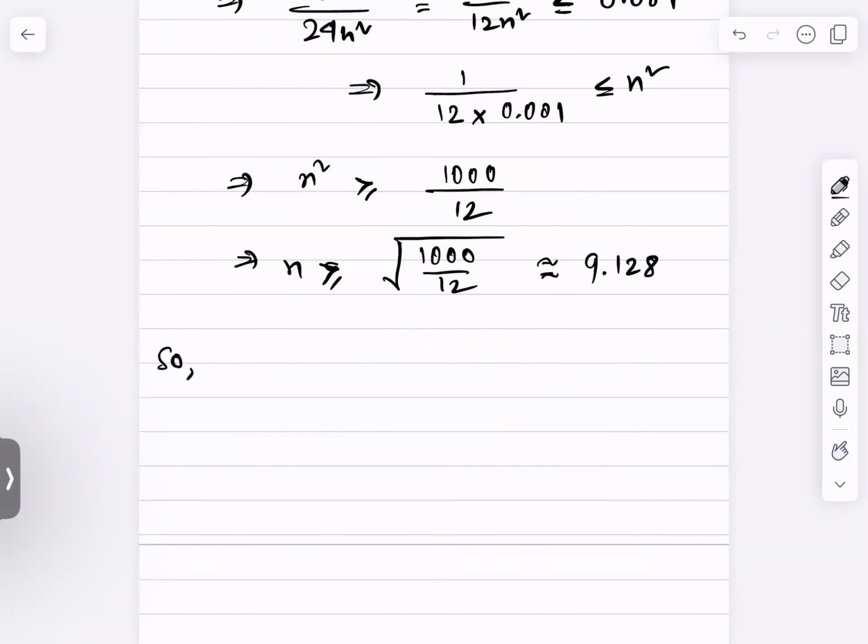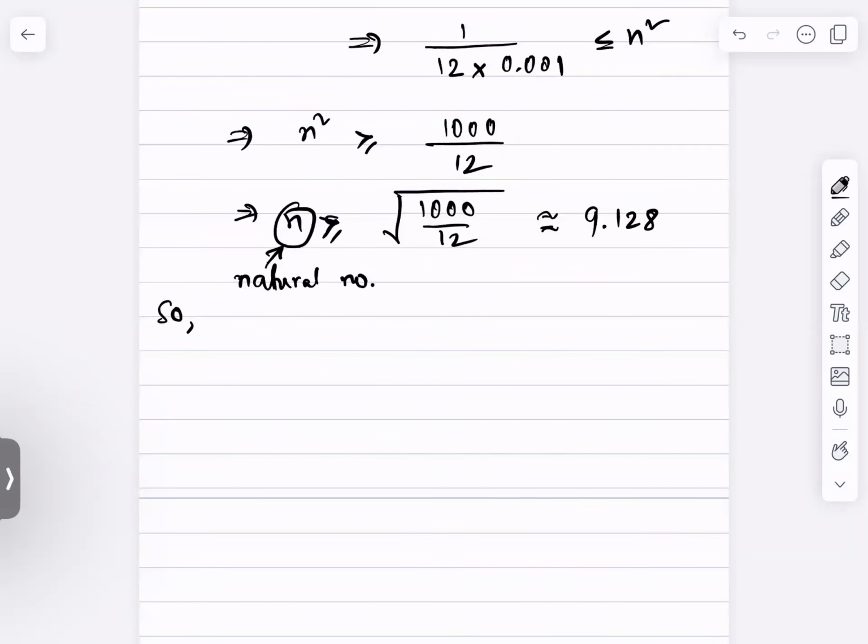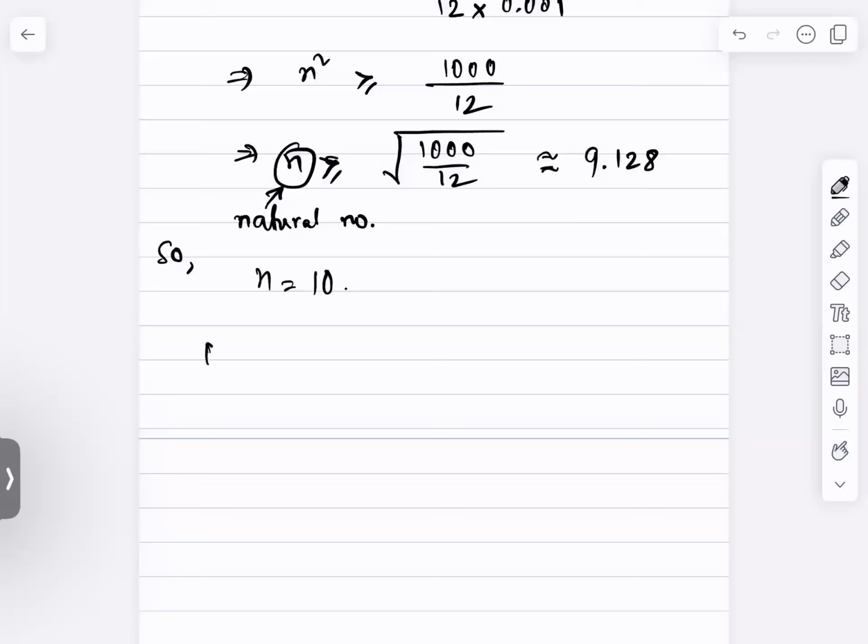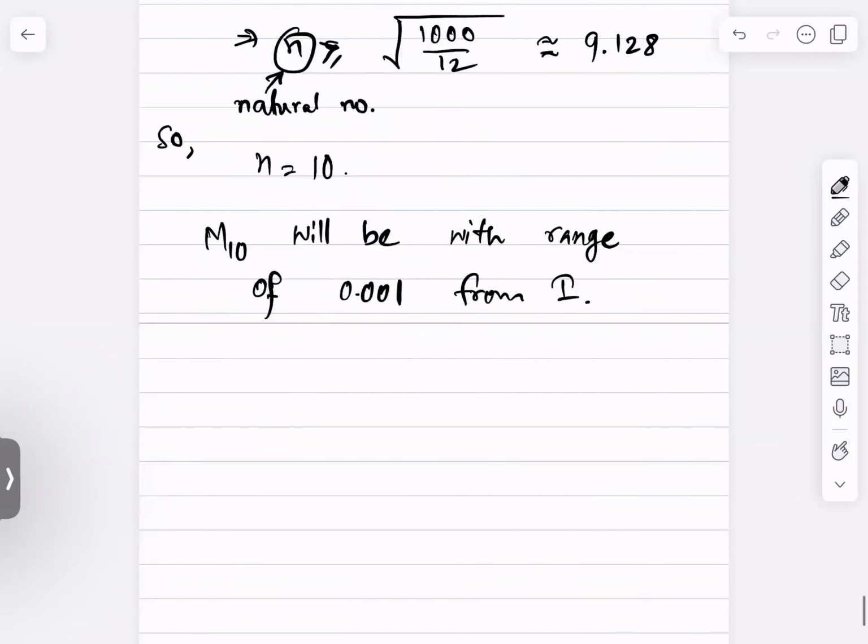So my n, which should be a natural number, should be bigger than or equal to 9.12. So what is the next natural number after 9.12? It's 10. So therefore, I can say that M10 will be within the range of 0.001 from the actual integration I.